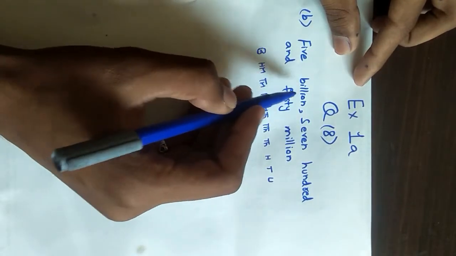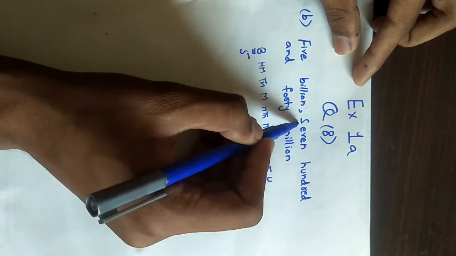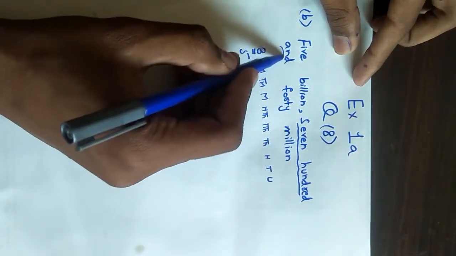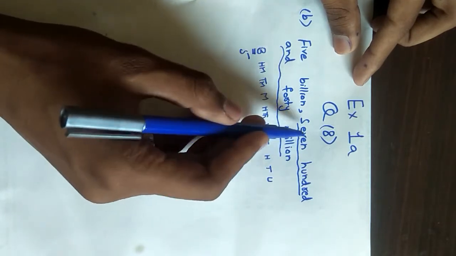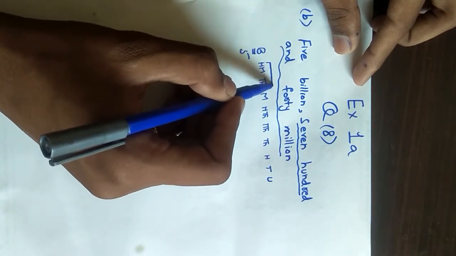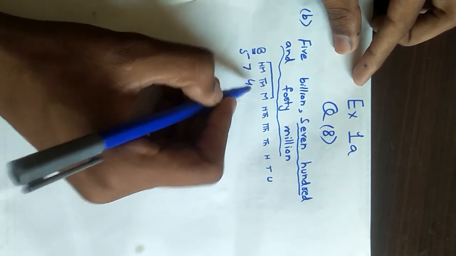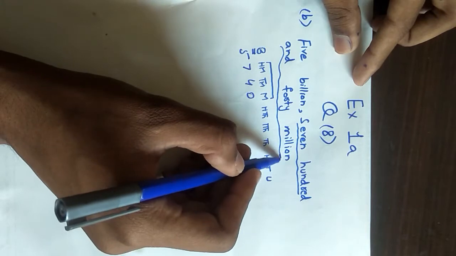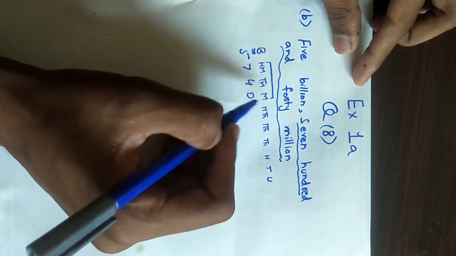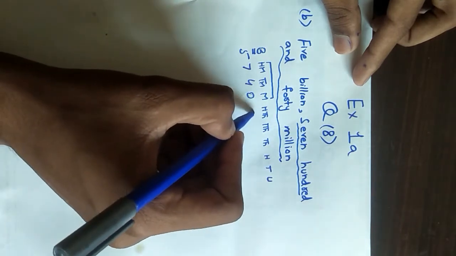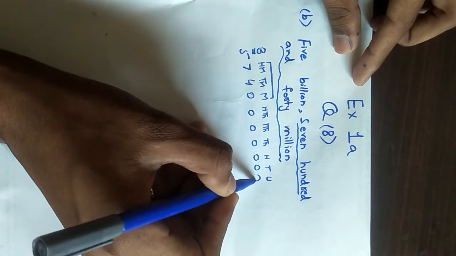Okay, 5 billion, so write 5 here. Then 740 million. This term lies in the millions period. So all the other numbers on the right side will be zeros. Counting zeros.